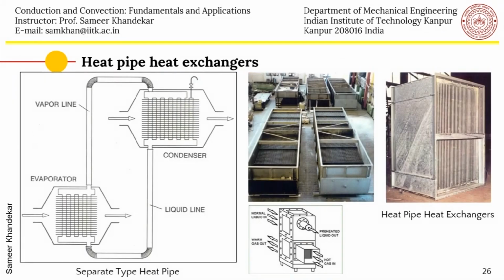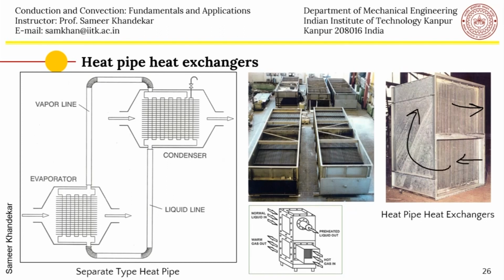One can also make evaporation condensation loops like this, wherein the hot air is used to boil a certain fluid, the vapor travels upwards and then is condensed. Here you can heat up certain gas or air, and then this liquid falls down, and these are called a separate type of heat pipes.